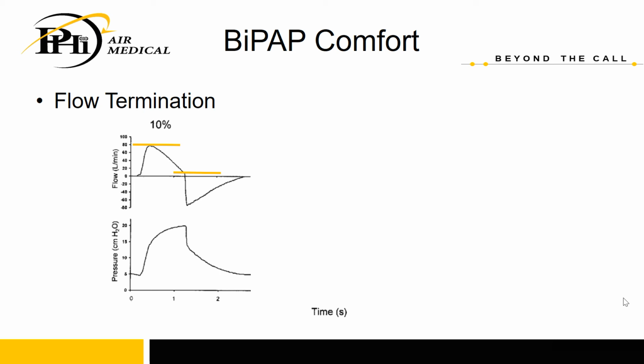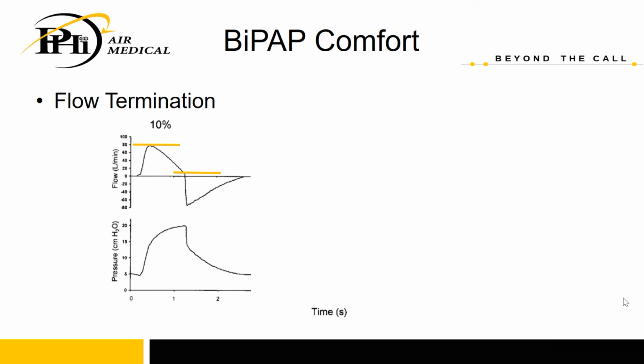When you have a flow termination set to 10%, that means that as the lung fills, when the flow decreases by 90%, so you only have 10% flow going into that patient, it will allow the patient to exhale. It won't make the lung be completely full before it starts to exhale. So that is flow termination. Once it has decreased by 90%, then it'll allow them to exhale.